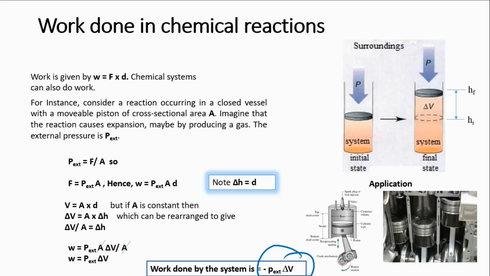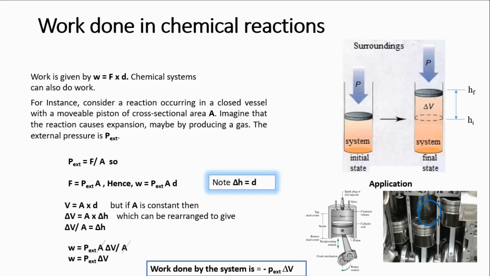Now, just to mention a quick application of all of this. This is how your internal combustion engines work. You have these cylinders, and inside these cylinders you have a mixture of gasoline and air, and it's under high pressure. Because it's under such high pressure, it's explosive. So once you put a spark to it, there will be an explosion.